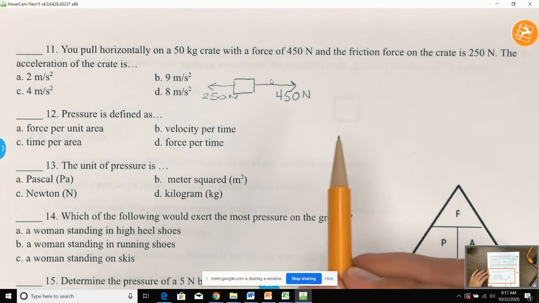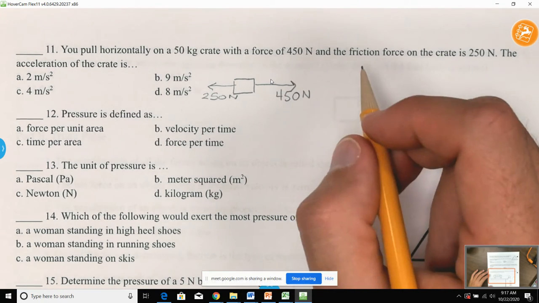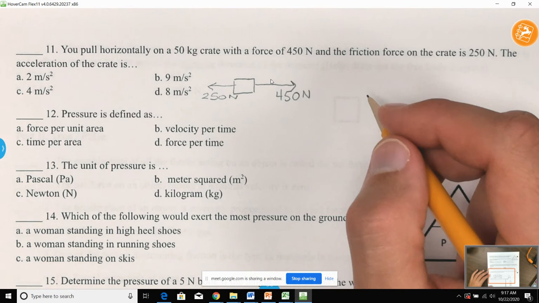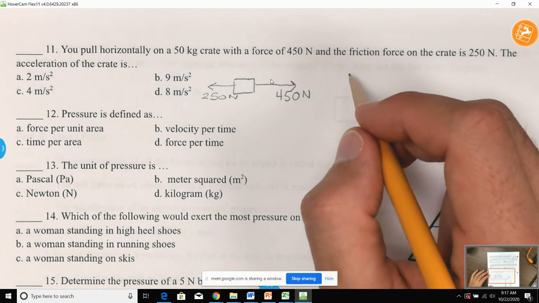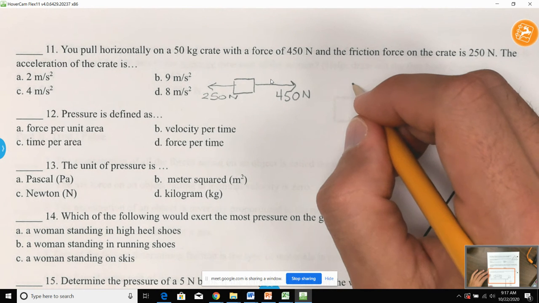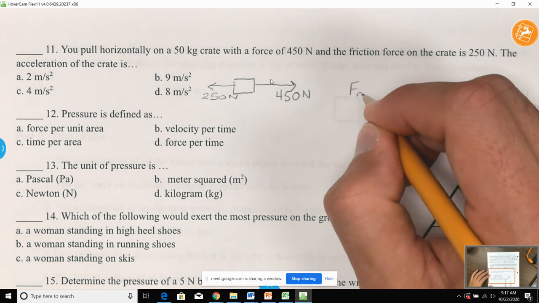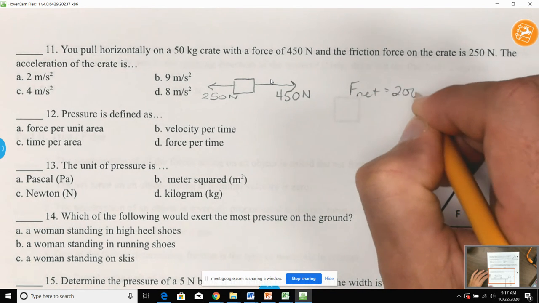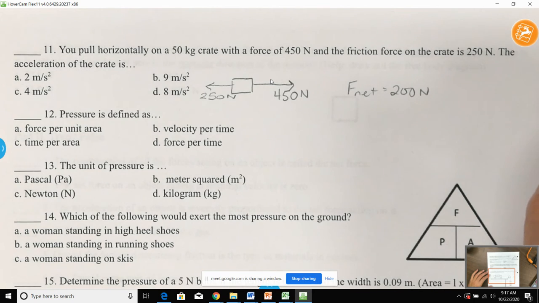What is the net force here? If opposite directions, what do we do with them again? Subtract. So what's 450 minus 250? So the F net is 200.